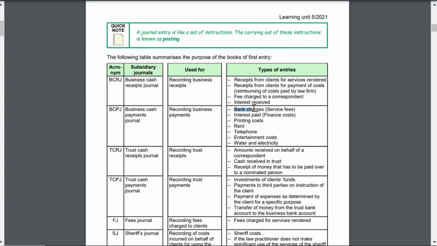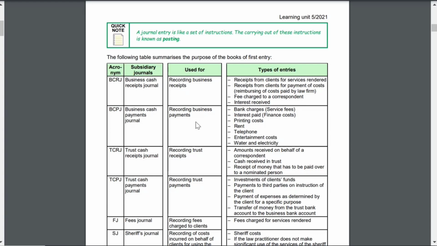And then there is a Business Cash Payment Journal. That's where there will be bank charges, interest paid, printing cost, rent, telephone cost, entertainment cost, water, electricity. So basically the Business Cash Payment Journal is where all the cash payments that the business makes to its external parties, like where they pay their rent, their telephone.